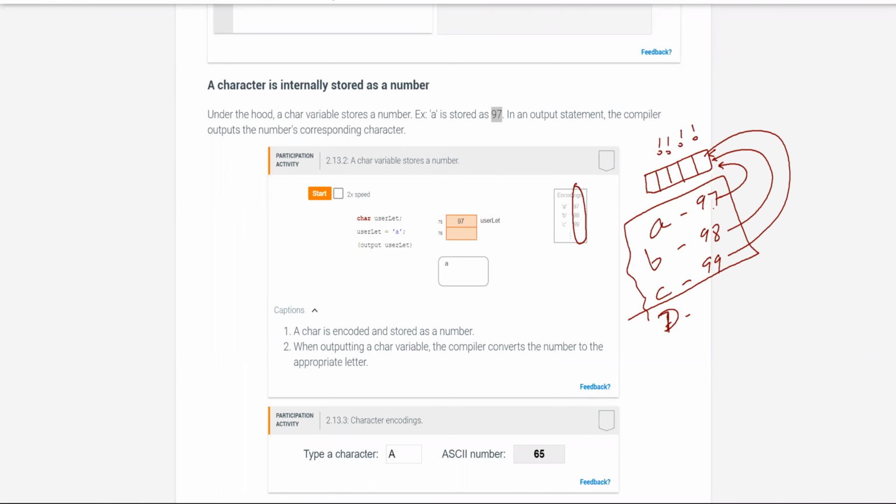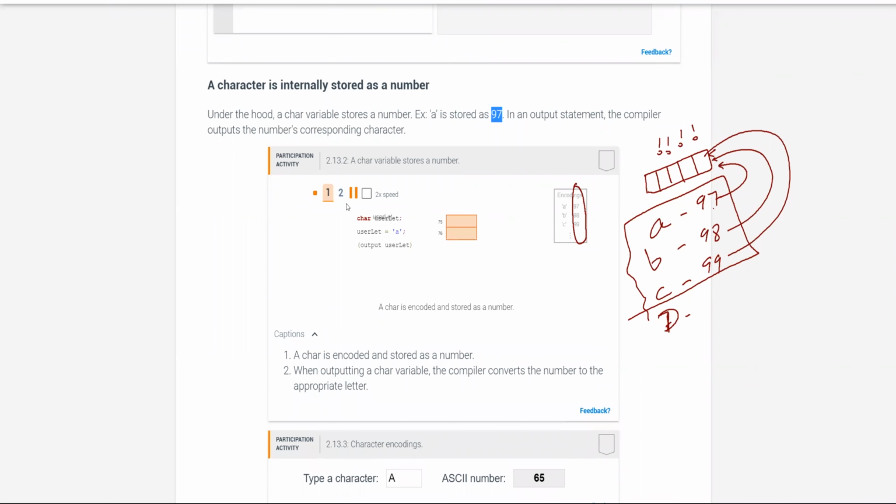When you see this program and you run it, it will come here and let the user enter a character, right? The user letter is the variable. And then I say the user letter A, so that is nothing but the user letter space filled by 97, right? Actually, the 97, this is just an overview of the memory.